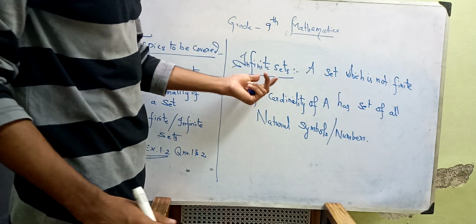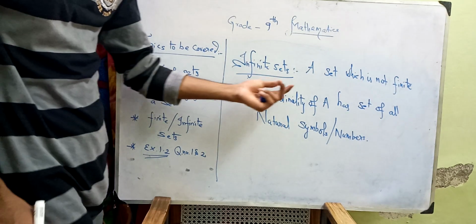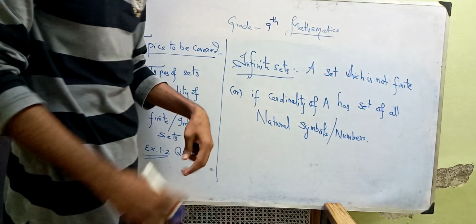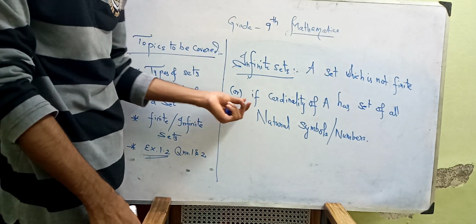So in this manner you can say it is an infinite set. Infinite set is nothing but a set which is not finite. Those sets are all infinite sets.